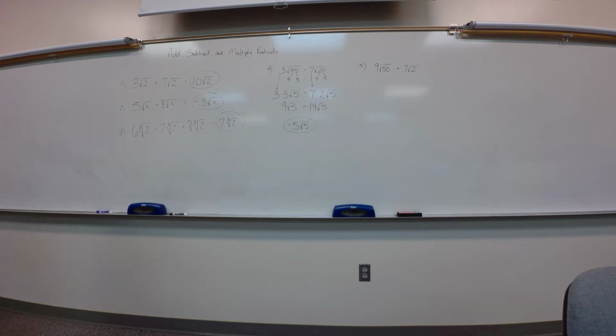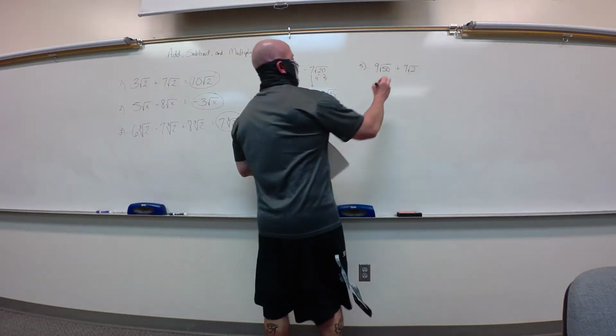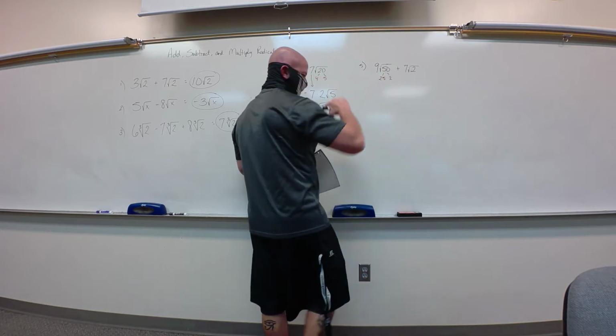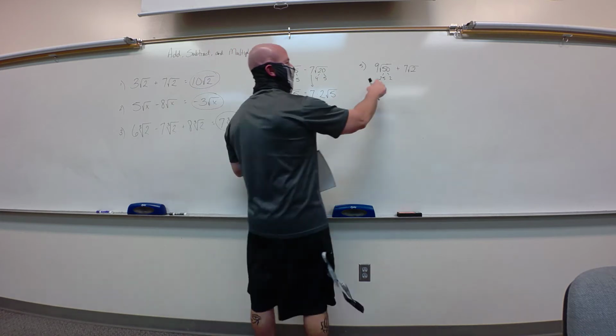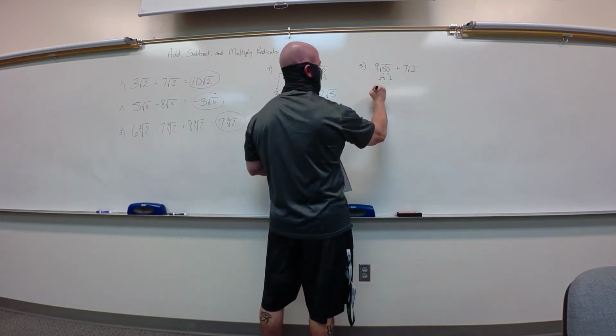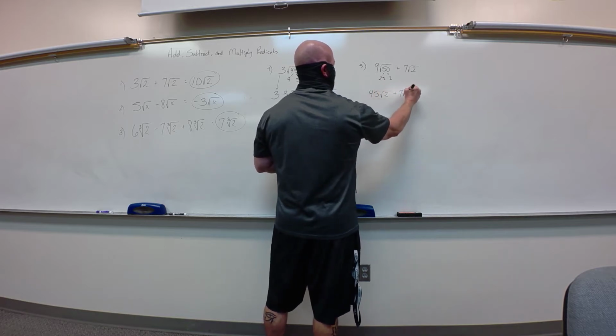I can't simplify the root 2, but I can simplify the root 50. 50 is 25 times 2. So I would have square root of 25 is 5 times the 9 on the outside is 45 root 2 plus 7 root 2.